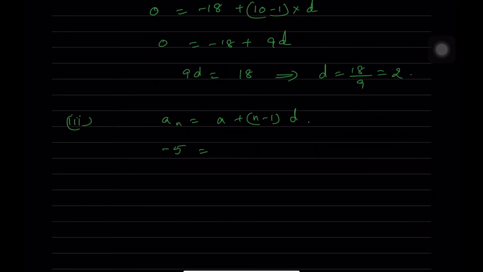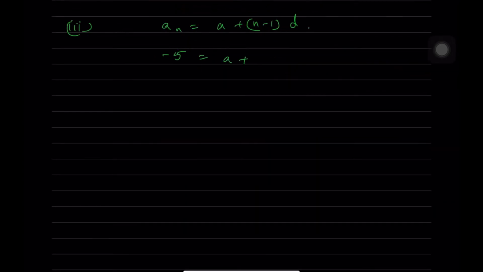Minus 5 is equal, we have to find out A plus 18 minus 1 into minus 3, which is equal to minus 5 is equal to A plus 17 into minus 3, which is equal to A plus minus of 51.